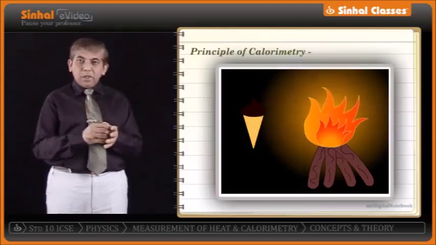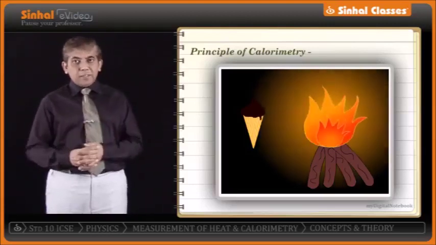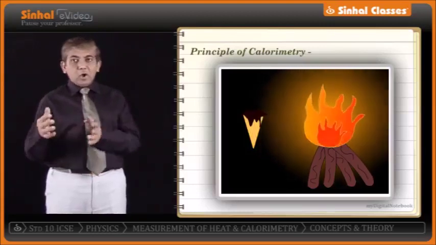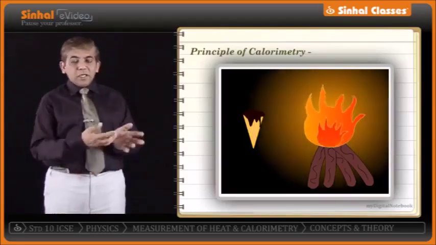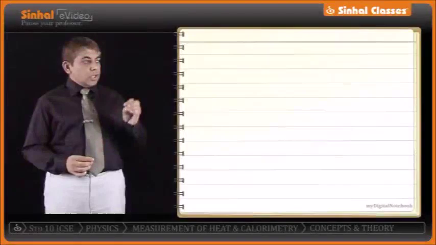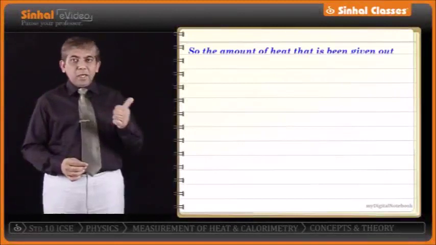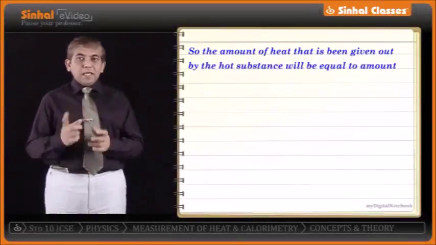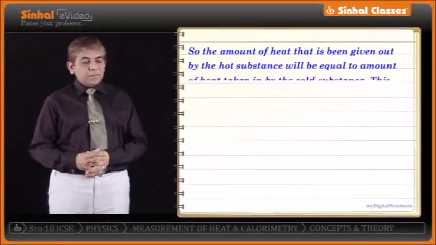We see that the hot body is going to radiate a certain amount of heat. When this hot body is radiating heat, the ice cream present over here is going to gather or absorb that amount of heat. So the amount of heat given out by the hot substance will be equal to the amount of heat taken in by the cold substance.